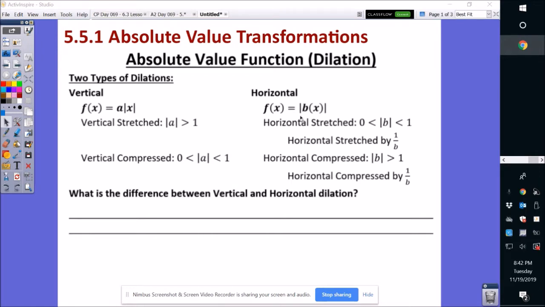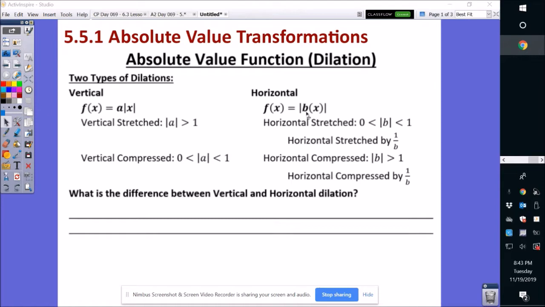The reason I want to point out that b is in front of x is because when we went over translation, if you have a number with the x inside, it translates left or right. But to be specific, for translation, the number is behind the x. For horizontal dilation, the b is inside but also in front of x. So make sure to distinguish between dilation and translation.